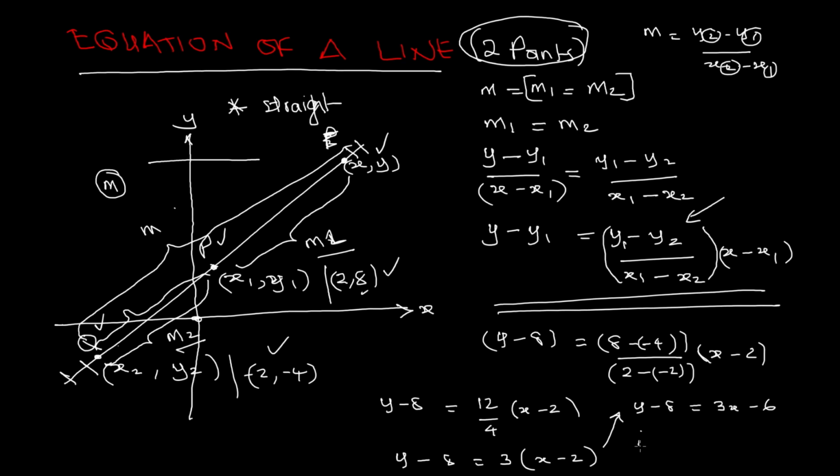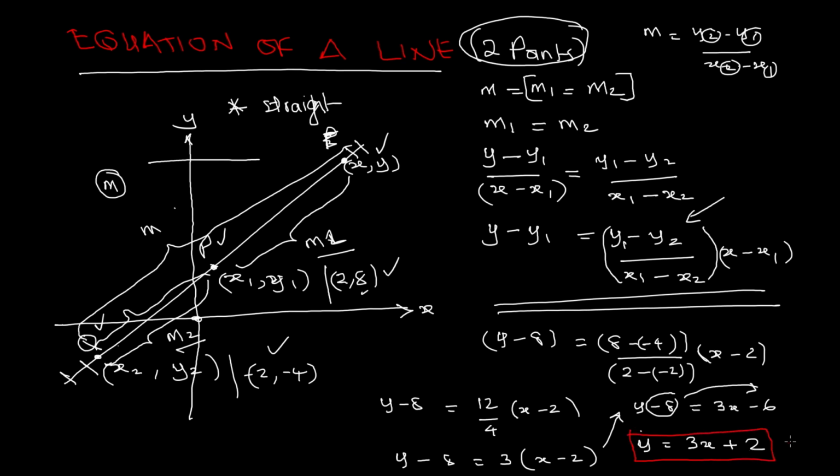So that becomes now y equal. Now this moves the other side and becomes a positive. So that's positive 8 minus 6. So that gives us 3x plus 2, and that will be our equation of this line.